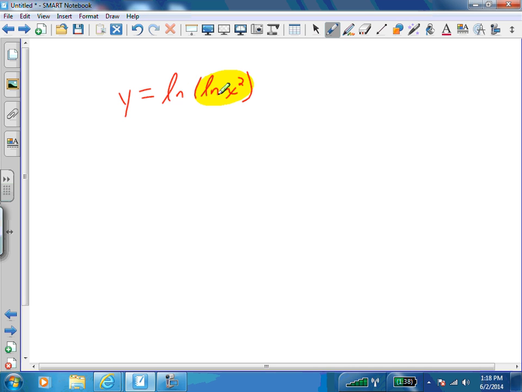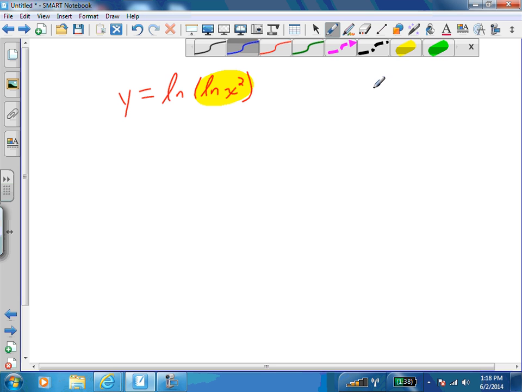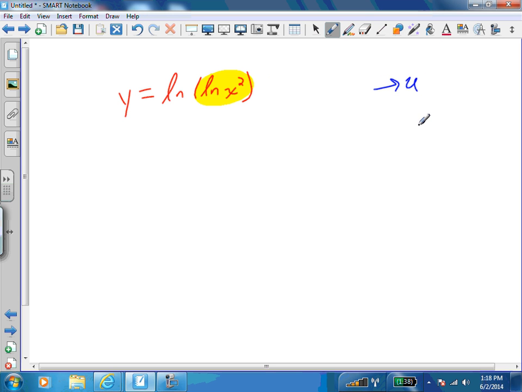Basically, we have natural log of something. So let's just come over on the side. Our main u is natural log x squared. So you could think about this: we have y is natural log of u. So if we want the derivative of that, the derivative of natural log is u prime over u. So this is u. We need the derivative of that to finish our derivative.